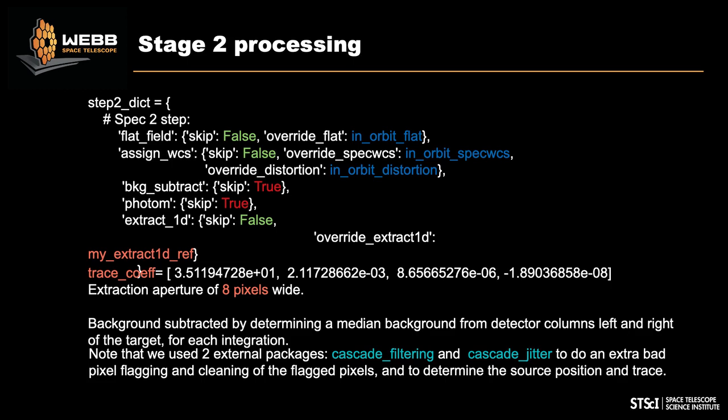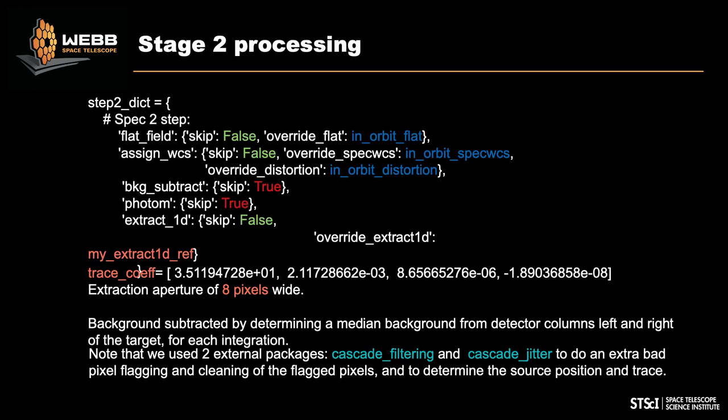What we also did is follow a polynomial trace to extract the spectrum, although it's not strictly needed for the MIRI observations, because they have only a very small 1 pixel offset over the few hundred pixels in the dispersion direction.